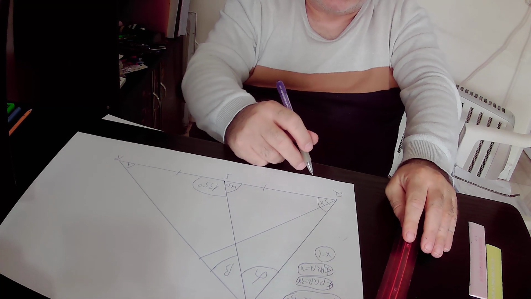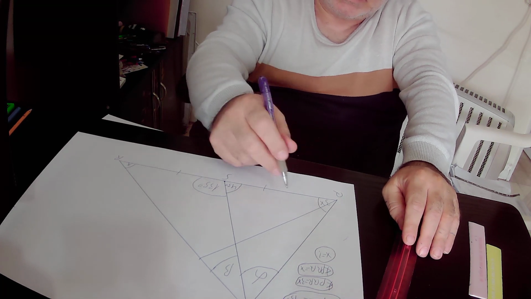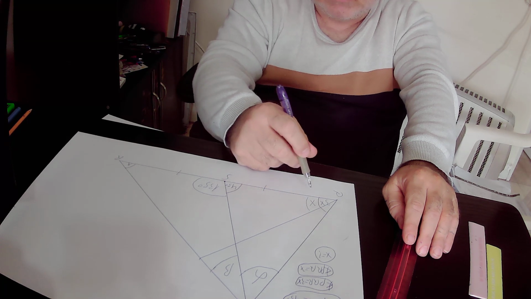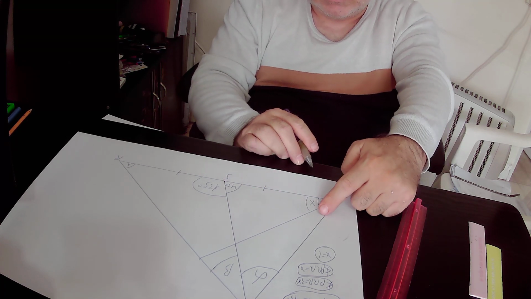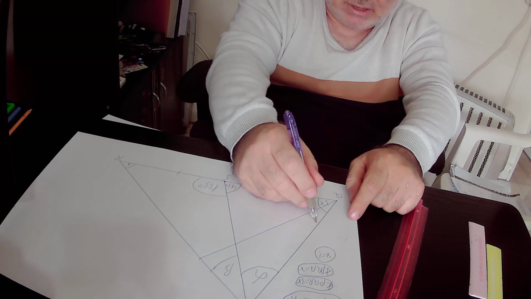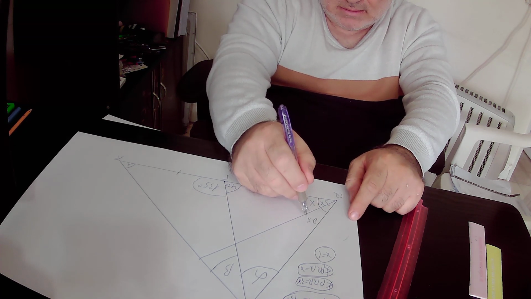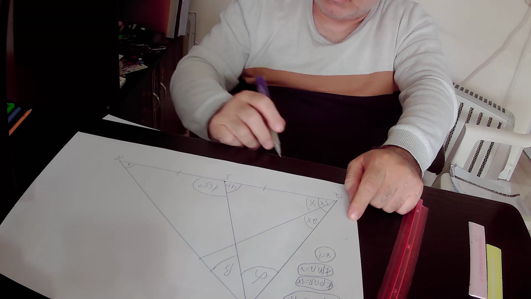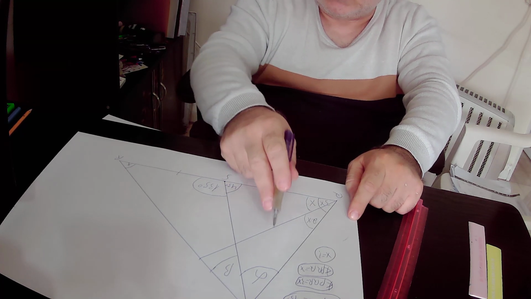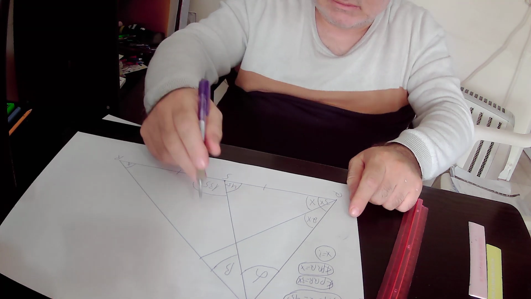So the angle that was created here by the straight line is angle x, and therefore the rest must be equal to 3x minus x, that is to say 2x. We will define the touching point between the straight line and side PR as point M.